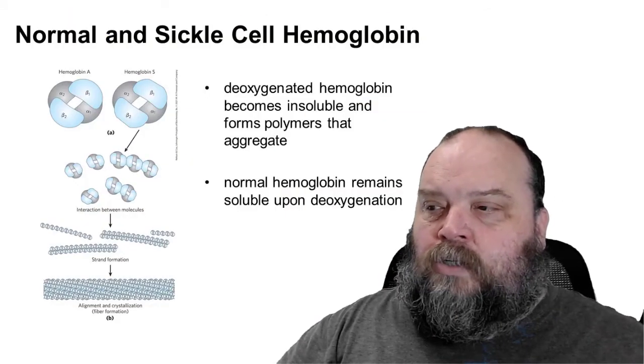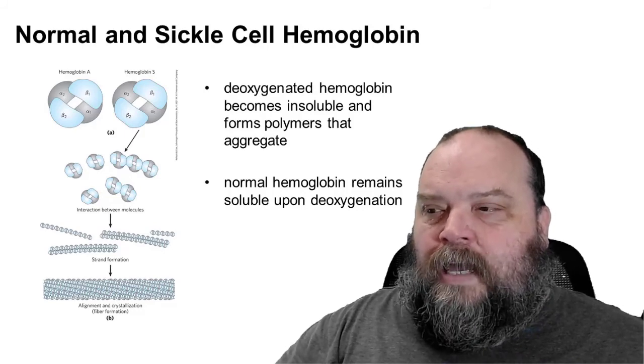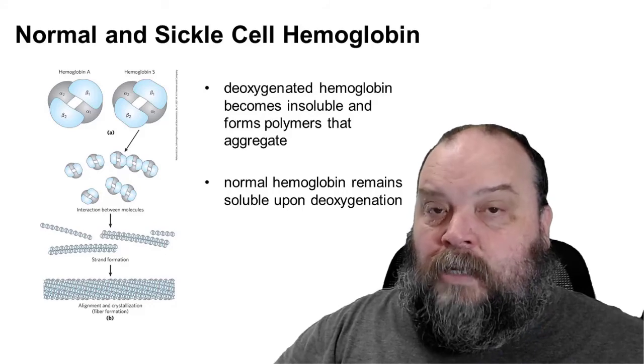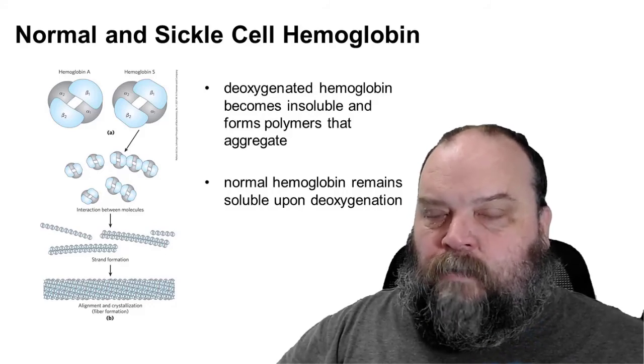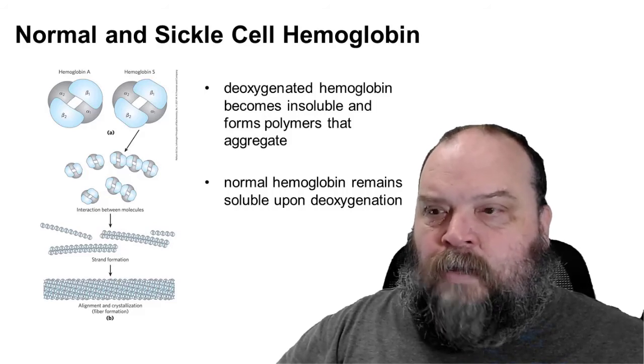This change results in a hemoglobin that has a high affinity for other hemoglobins. In your red blood cells, you have multiple hemoglobin proteins floating around, hundreds, thousands of them, in every single red blood cell.